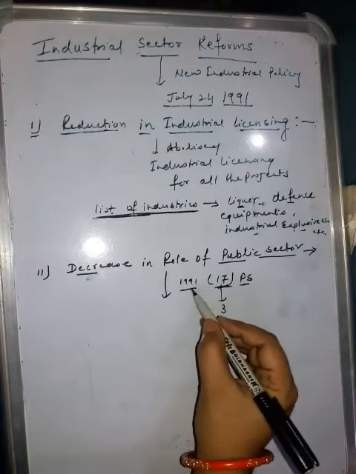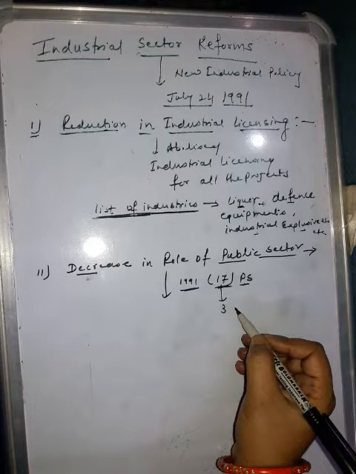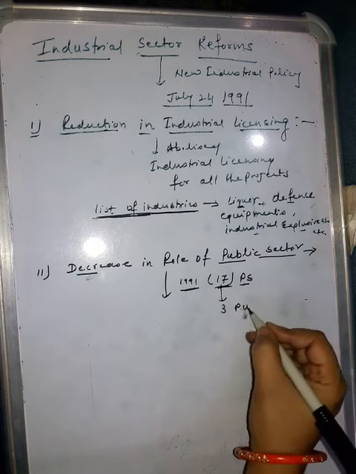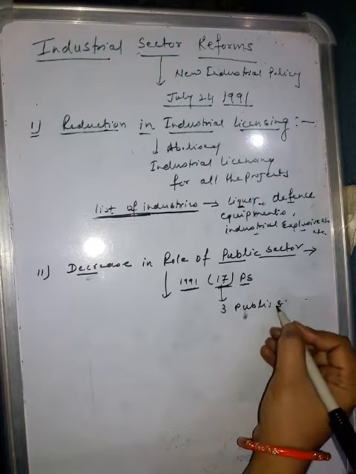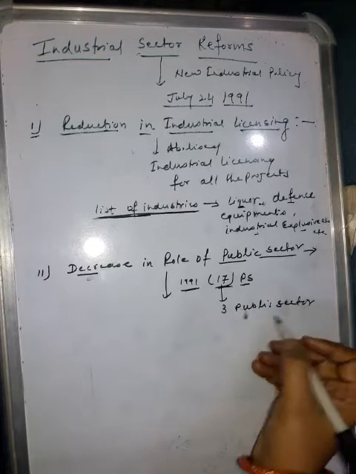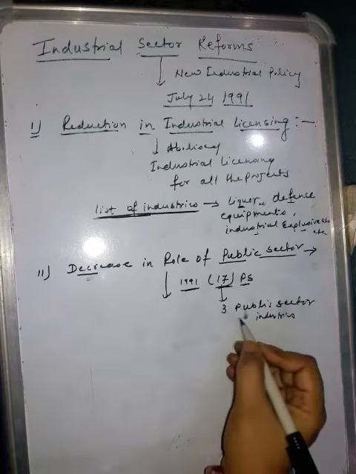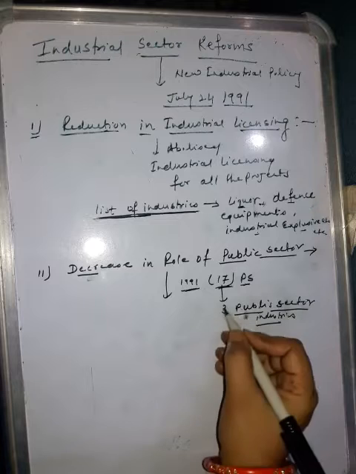Means after 1991, only 3 public sector industries were under the control of the government. Only 3.